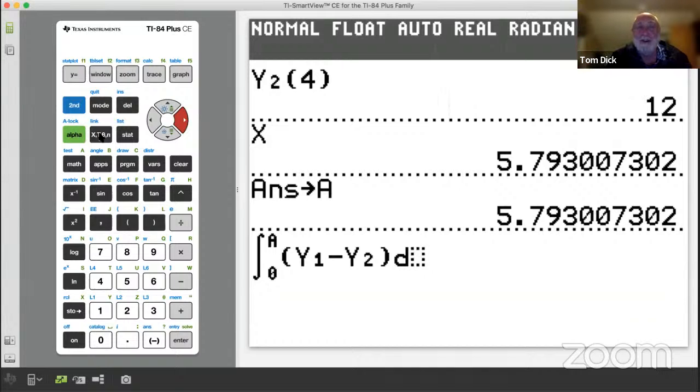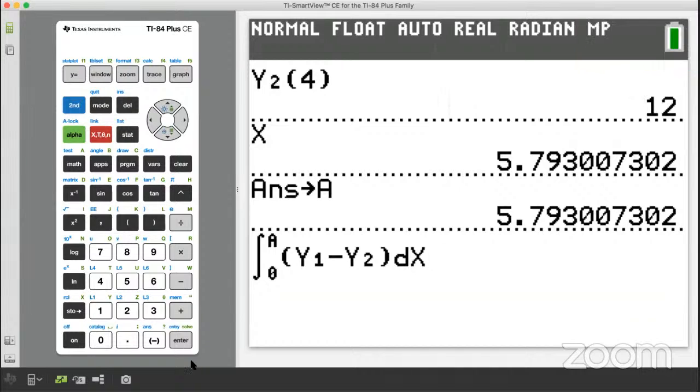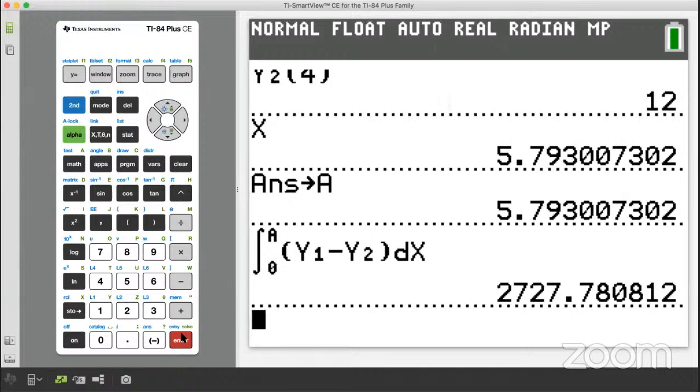Yeah, nice point. Thing is, you need to do that right as soon as you get back from the graphic screen before you use X for something else, right? Right. Or if you graph something else, or if you do anything else that's going to impact that variable X, the variable does change.